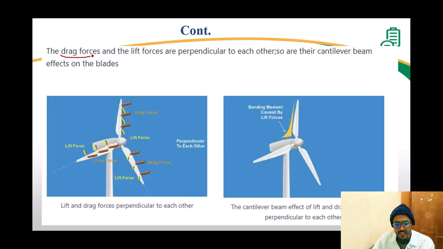The drag force and the lift force are perpendicular to each other. The lift force comes this way and the drag force comes this way, so they make 90 degrees, which we call perpendicular. So they both have a cantilever beam effect on the blades.